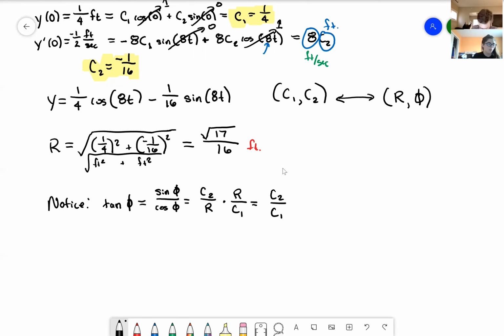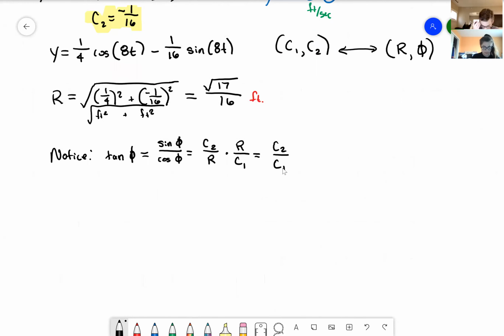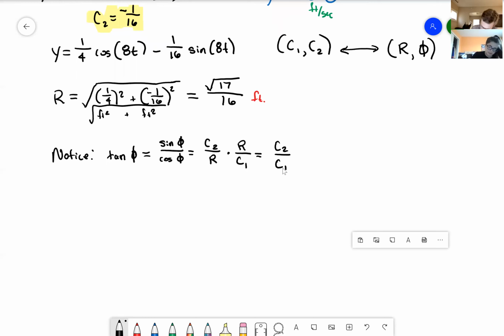It's feet divided by feet, so it's just a number. Okay, so C2 was negative 1/16, and C1 was 1/4, so the reciprocal is 4 over 1. And what we get is negative 1/4.